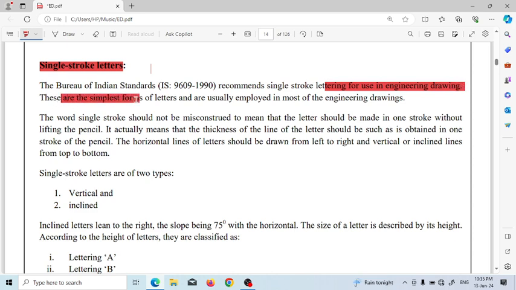The simple form of letters are usually employed in most engineering drawings. The word single stroke should not be misconstrued to mean that the letter should be made in one stroke without lifting the pencil.